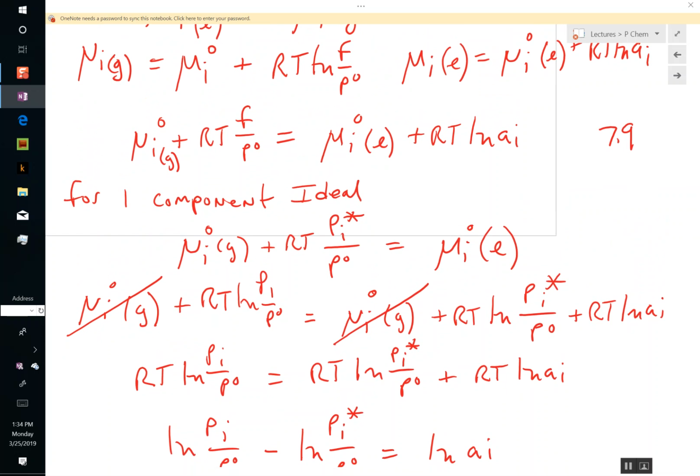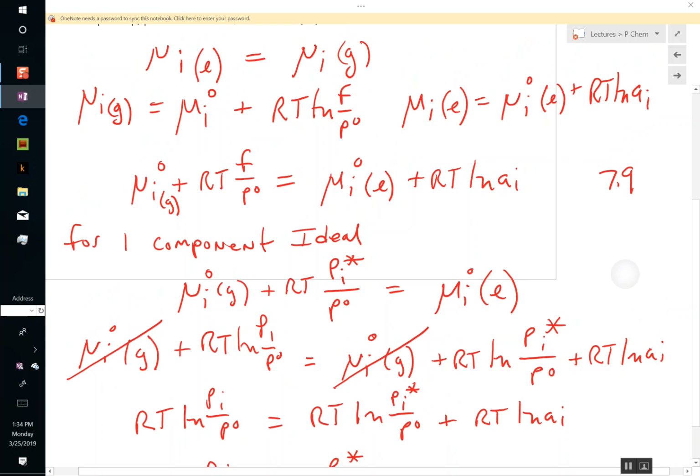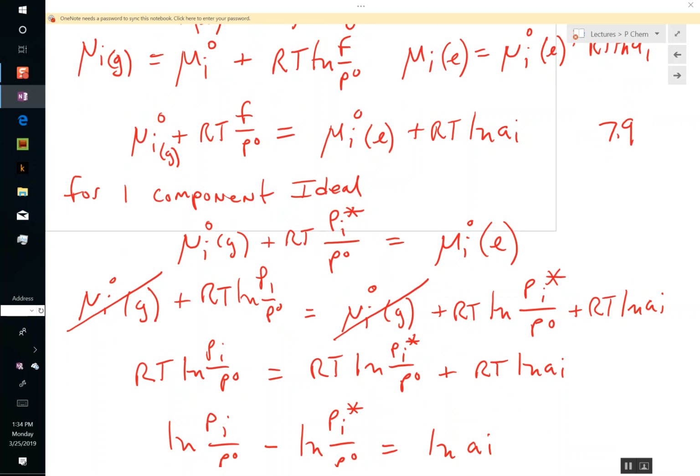So there's two different equations in this one, I think. What I'm doing here, Liz, is this: if we only had one component, we'd have this equation here.